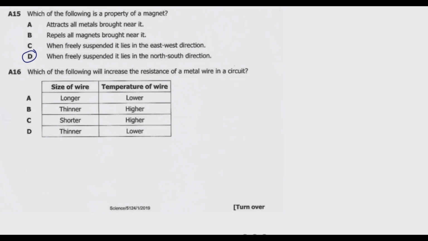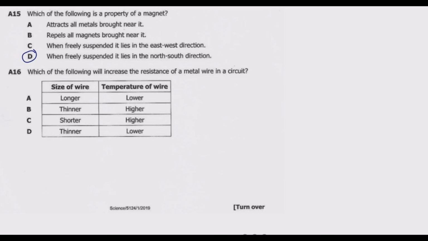Longer wires increase resistance, because the longer the distance, the more the resistance. So longer wire is true. Thinner is also true: if the cross section is smaller, resistance is higher, but if the cross section area is big, then resistance will be lower. So longer and thinner is true, shorter no, so C is out.